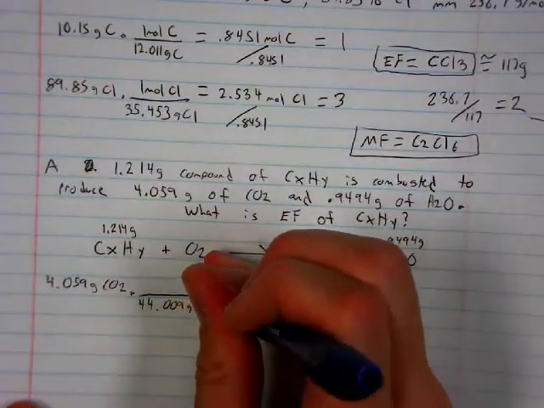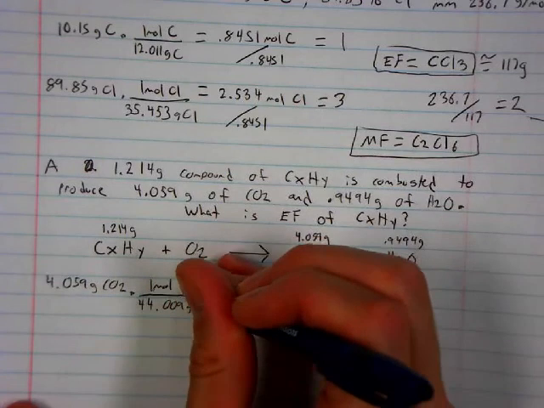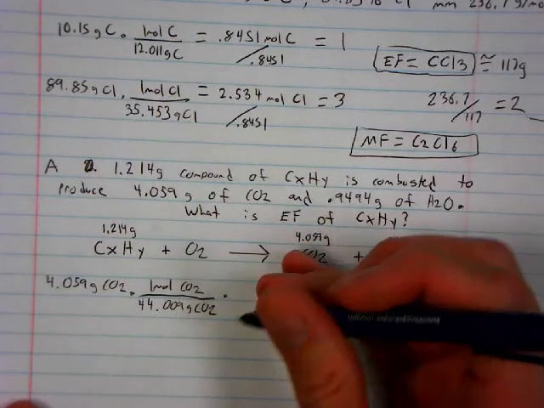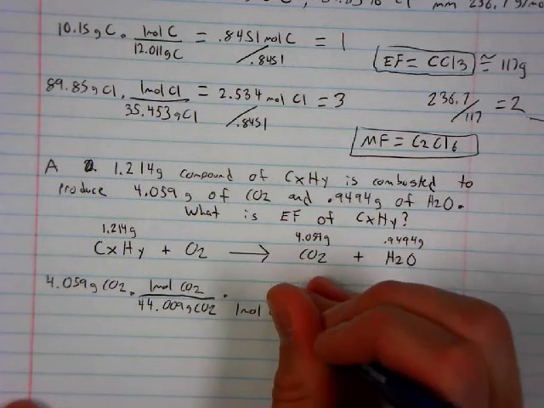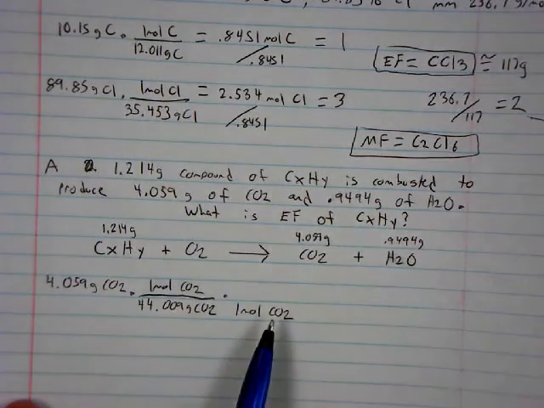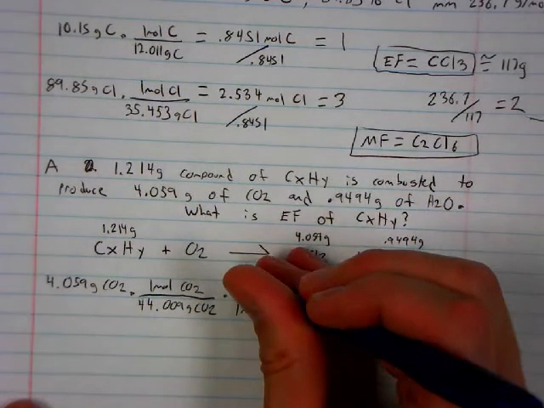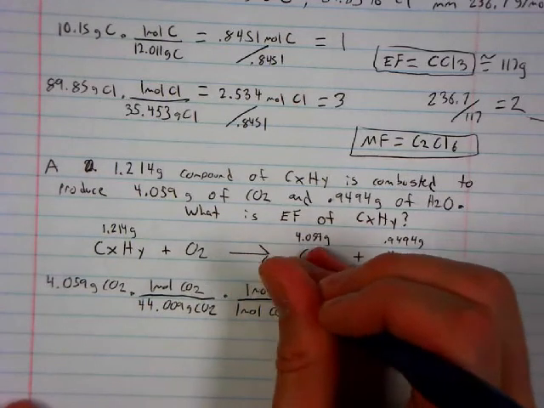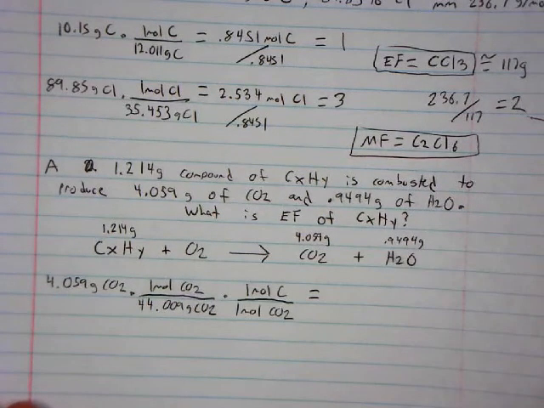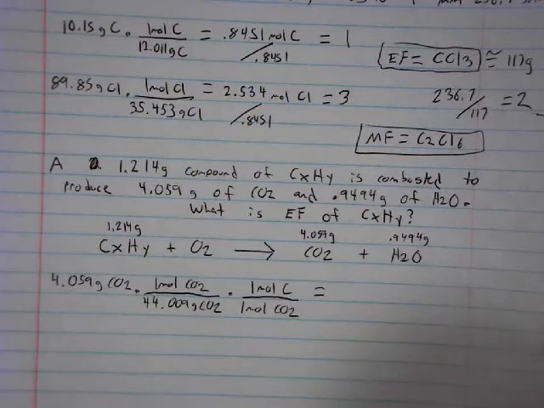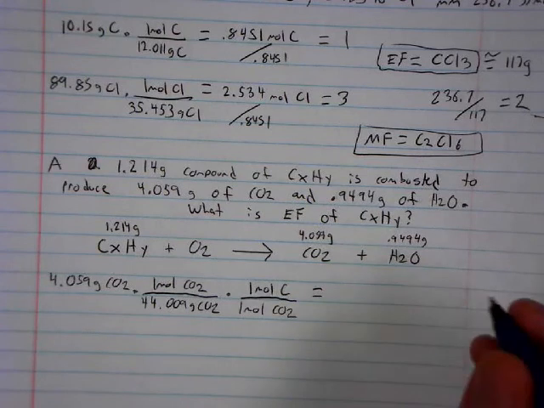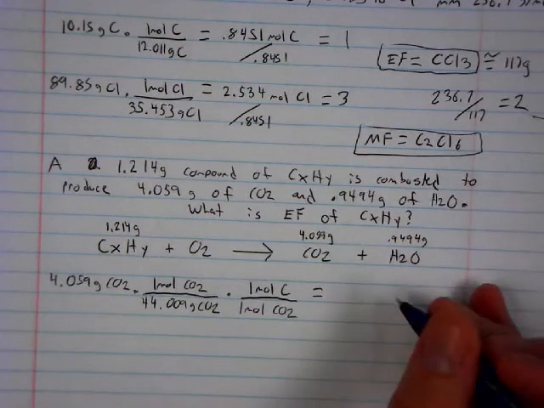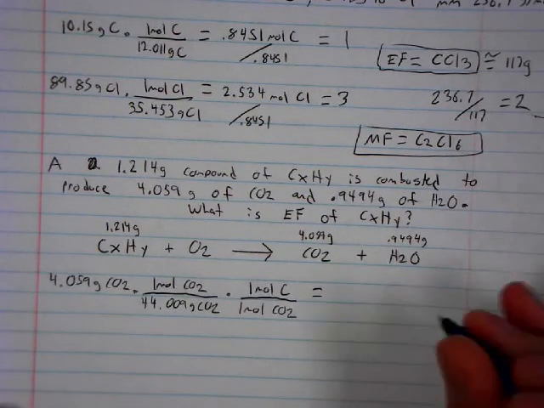So there is 44.009 grams of CO2, which I have memorized, but you guys can look that up. Carbon dioxide is right here, 44.009 in 1 mole of CO2. And I know that in 1 mole of CO2, I have 1 carbon, which is 1 mole of carbon.